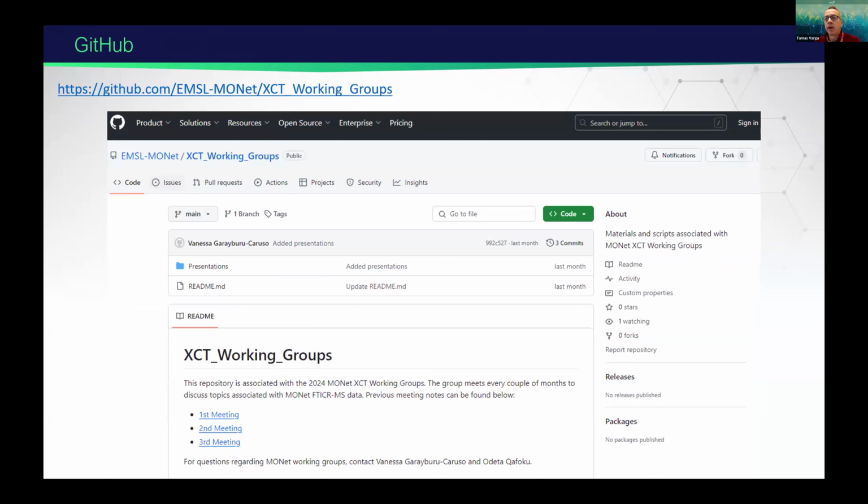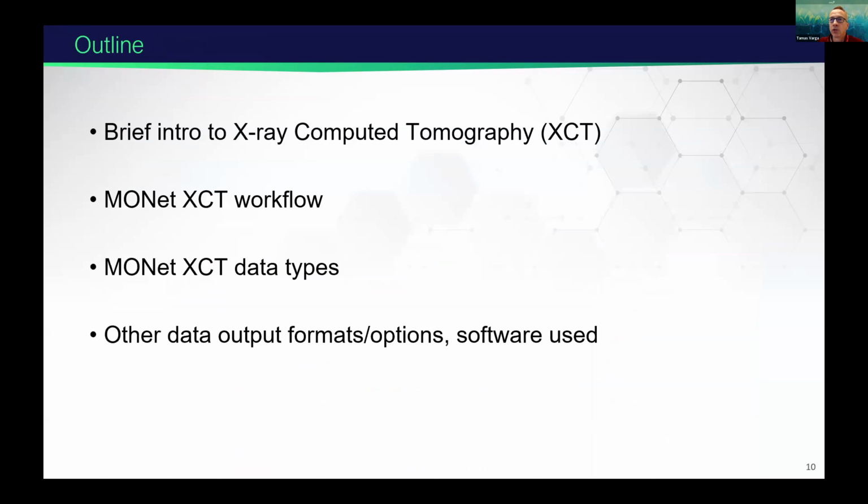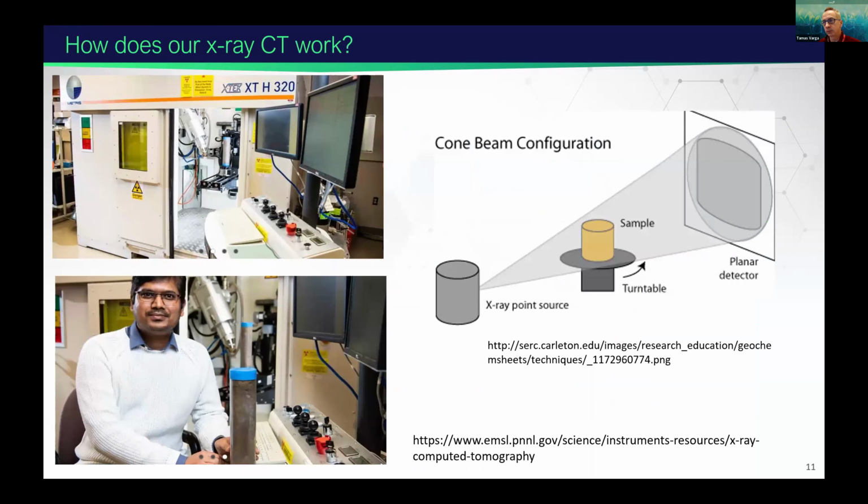And this is the GitHub where you can see the working group meetings, and we can upload the presentations here. So in the first meeting, I gave an introduction to the principles of XCT imaging, and this is a picture of the EMSL scanner that we use for those scans of your cores.